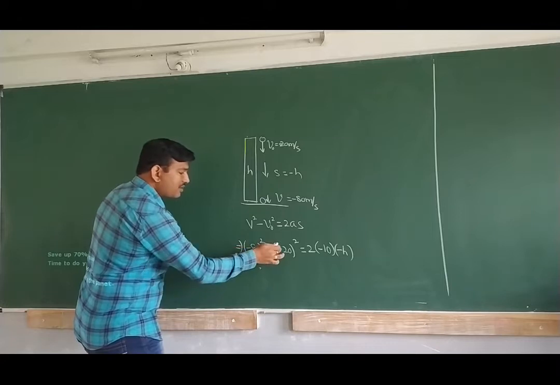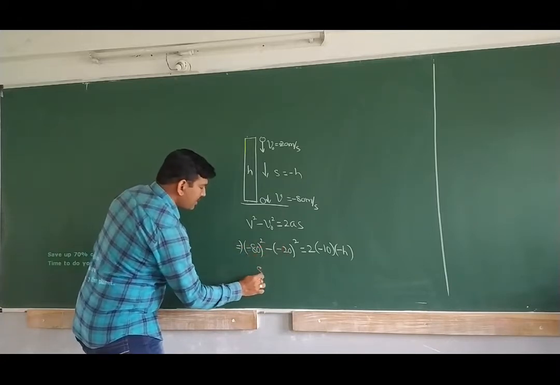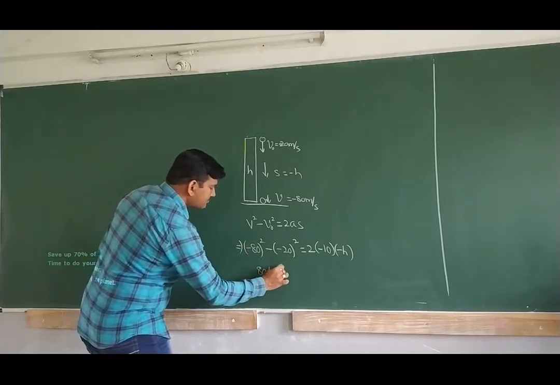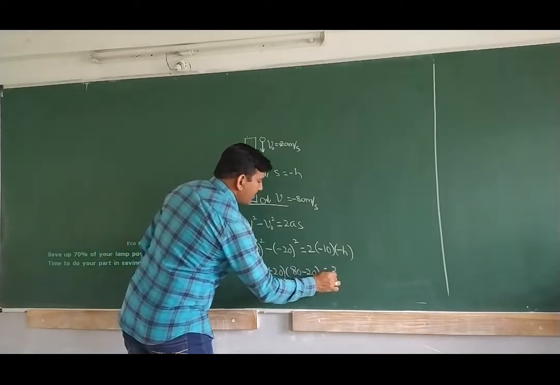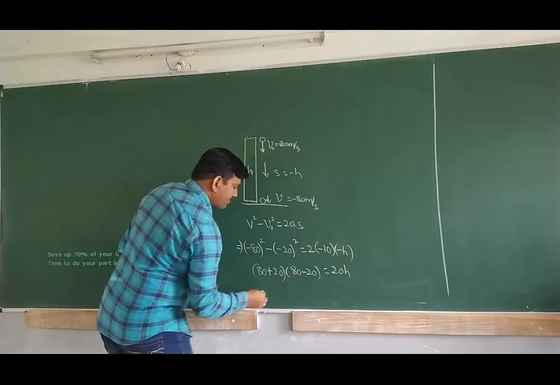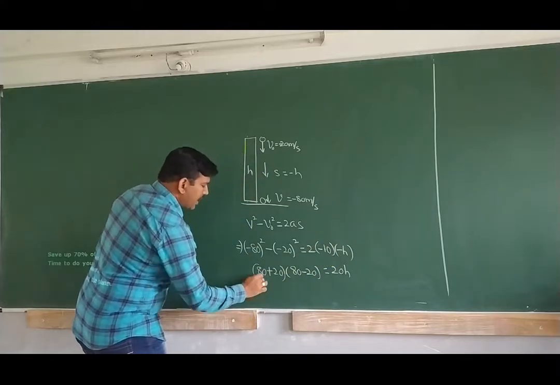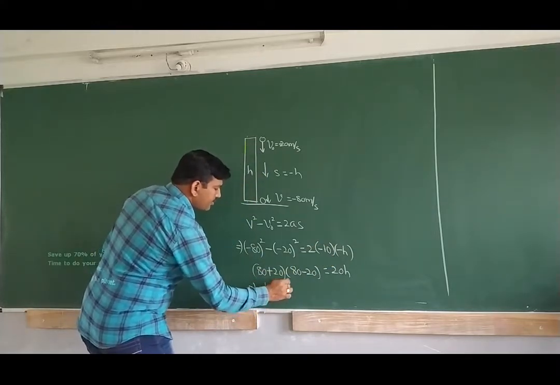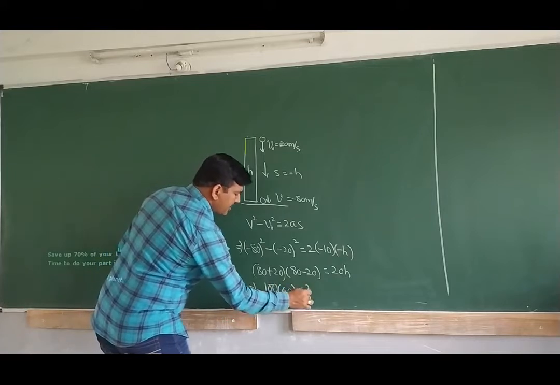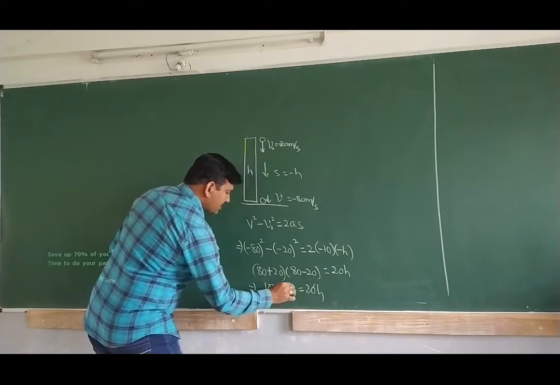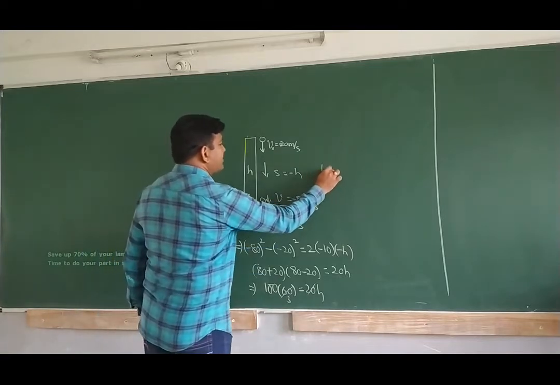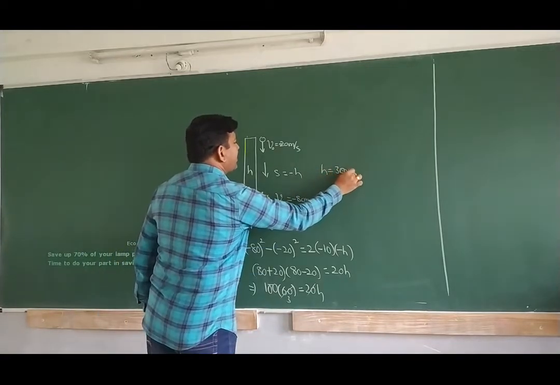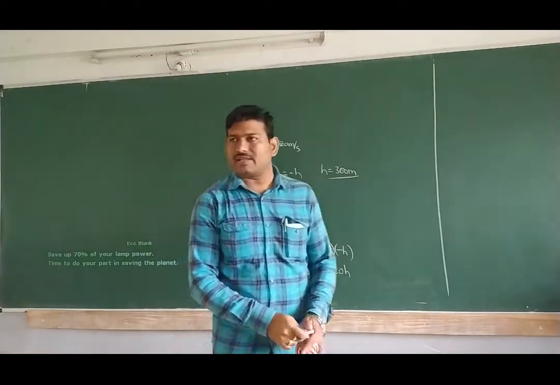Minus 1 whole square and minus 1 whole square will be positive. Therefore 80 plus 20 into 80 minus 20 is equal to 20 into h, with the minus signs cancelling to plus. This is 100 into 60 is equal to 20h. 20 goes here 3 times, 3 into 100 is 300. So h is equal to 300. Height of the tower is 300 meters. That will be the right answer.